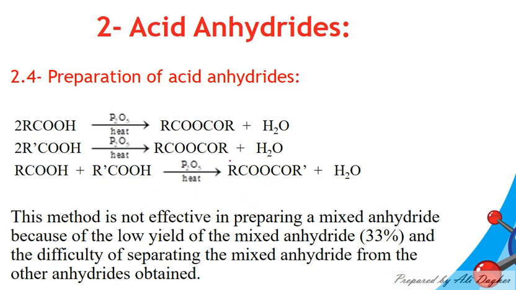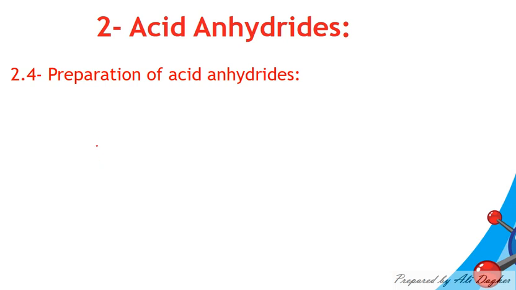Therefore, the yield of the mixed anhydride is 33%, equal yield: 33% for the first, 33% for the second, and 33% for the third. This is not an accepted yield for preparation of mixed anhydride. Therefore, this method is not convenient to prepare mixed anhydride. We should use another method.